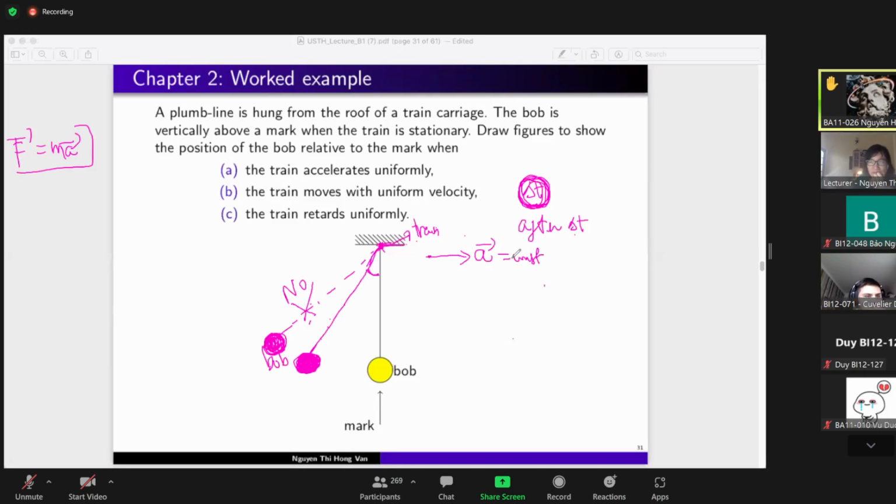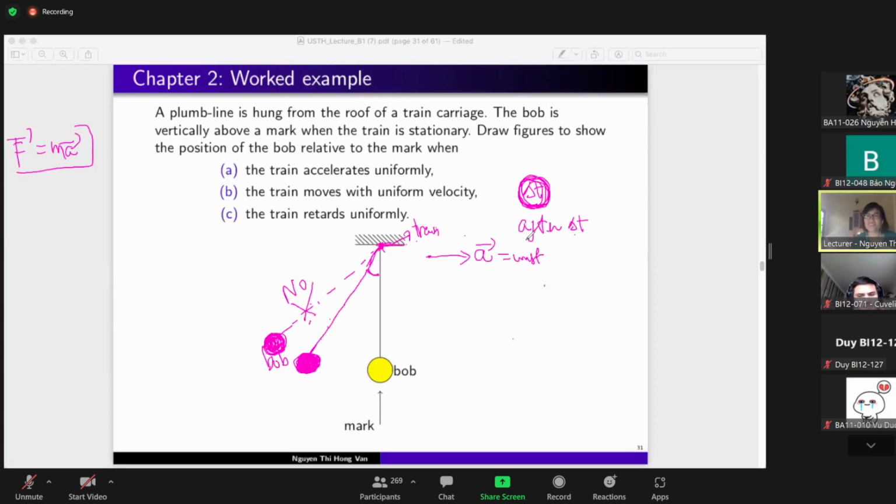But in this case, the frame is very idealized. So I understand, David, because David observed from reality. The train cannot get the constant acceleration in a very short time, right? So it needs some time to reach the constant value. But then, yeah, I understand.